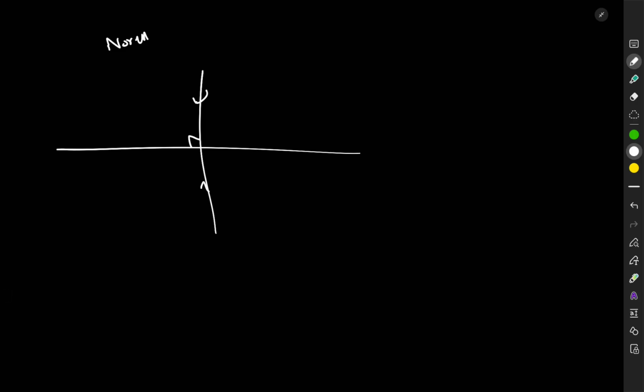And in case of grazing incidence, the light ray will bend. It will be something like this. This will be i, this will be r.